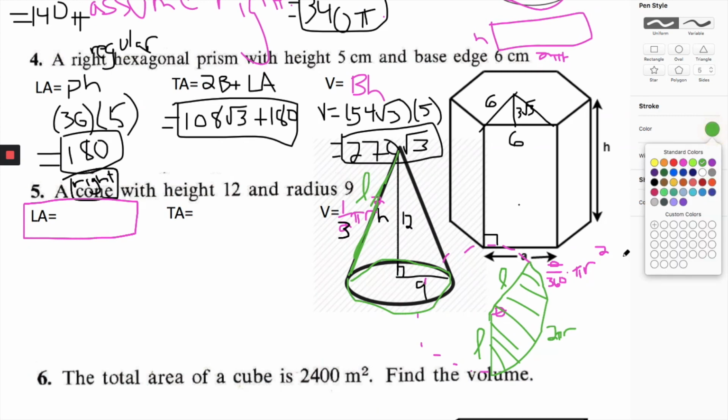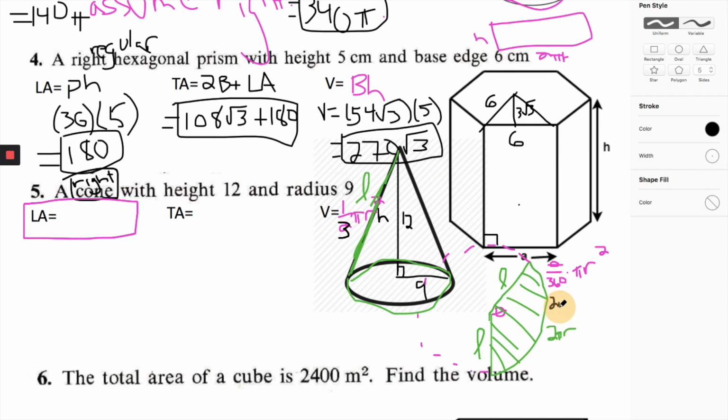First things first, this sector is the lateral surface area of the cone. We had to figure out what ratio of this sector it was to the overall circle. So we had to set up one ratio, and the first part I'll write here is 2 pi r. Remember, r is defined by the radius of the base of the cone, because this is the circumference right here, so this is 2 pi r.